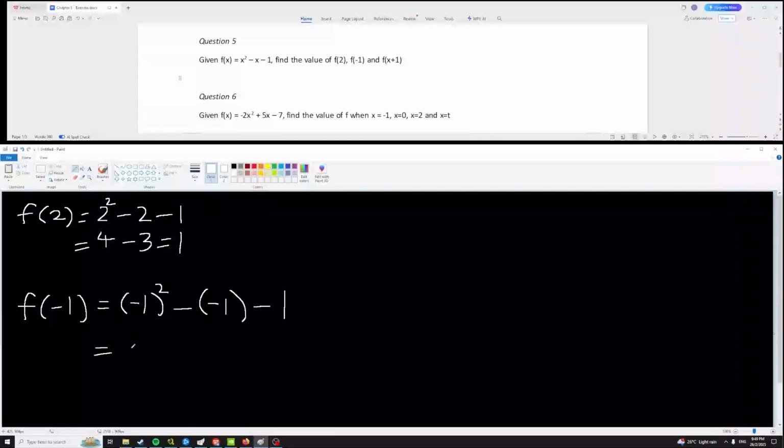Negative, so it's positive. Plus 1, negative 1 equals 1.